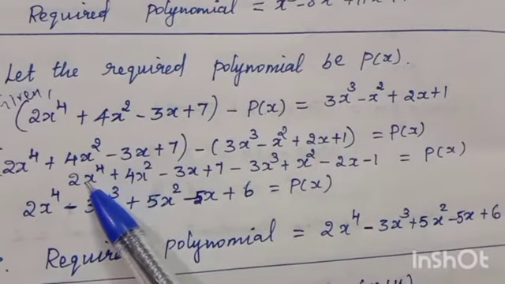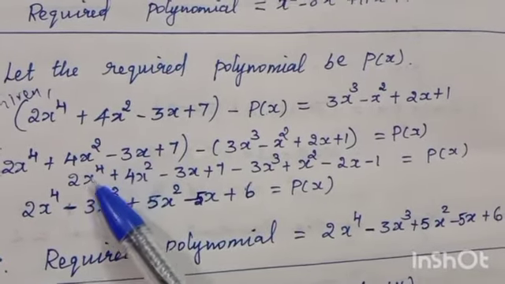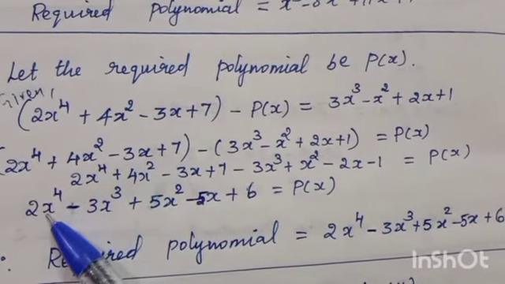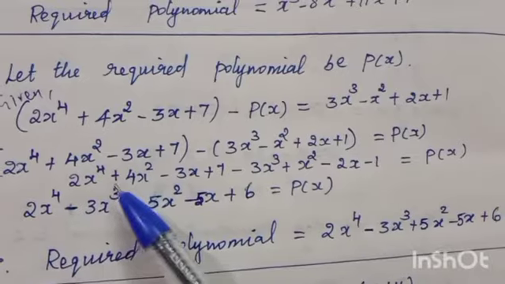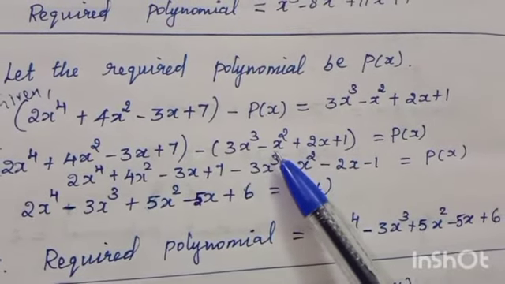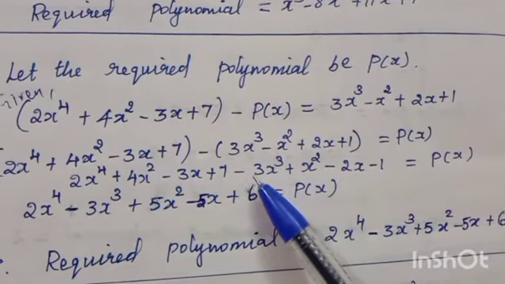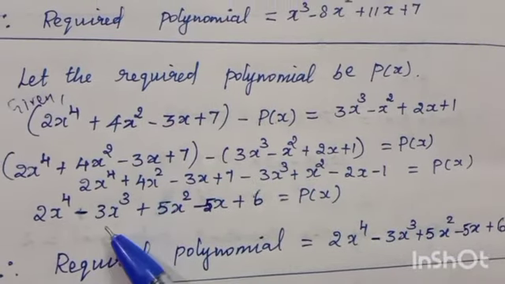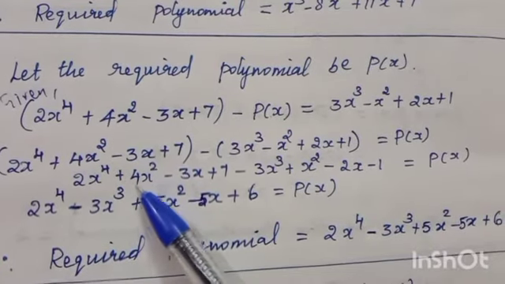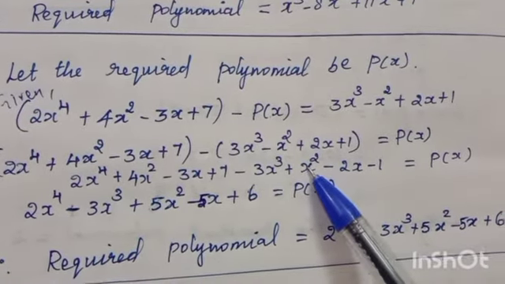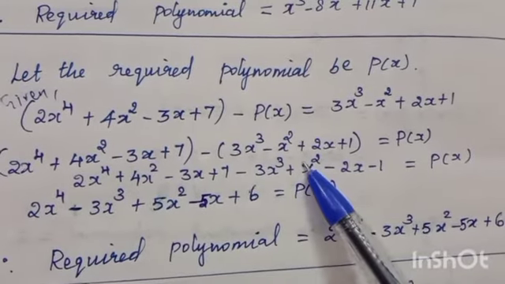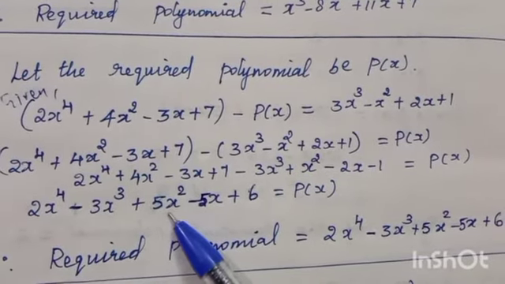2x power 4, we have only one term with this power, so just take and write 2x power 4. Next the x cube terms, also only one, minus 3x cube, just take and write. Then the x square terms, 4x square plus x square, these two have the same sign, so 4 plus 1 is 5, that is 5x square.